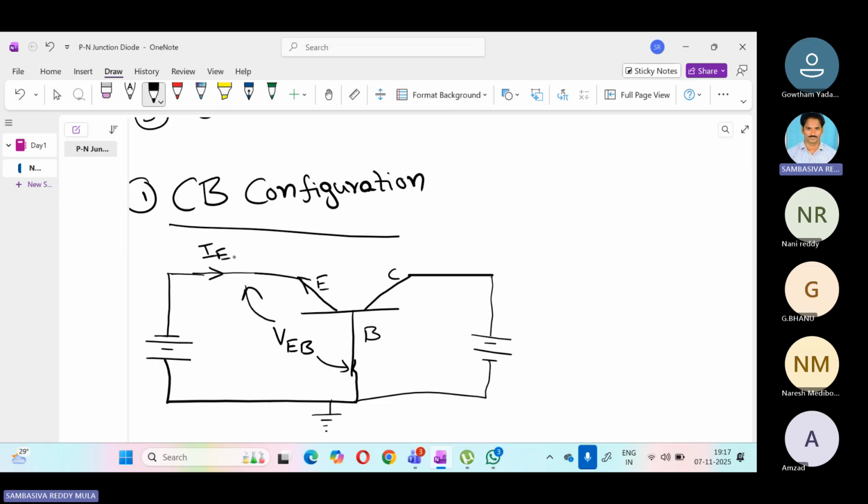This is the emitter current, and this is the base current. In the N region, current flows like this. So these are the currents. The output current is the collector current. The output voltage is VCB. VCB is the output voltage.